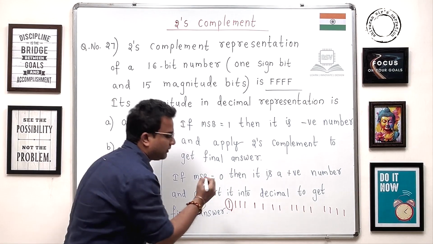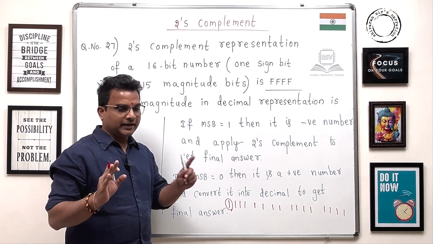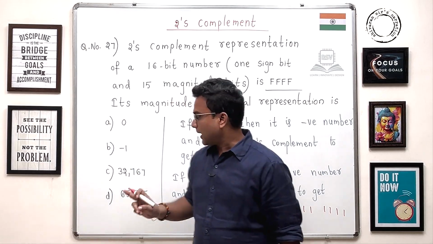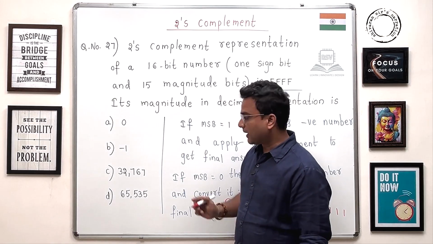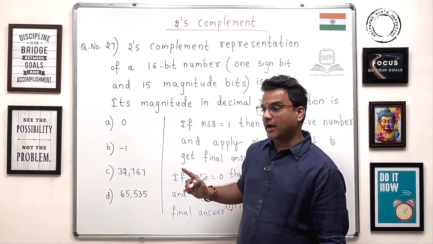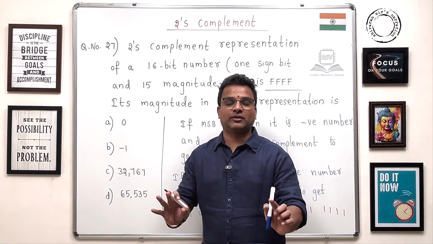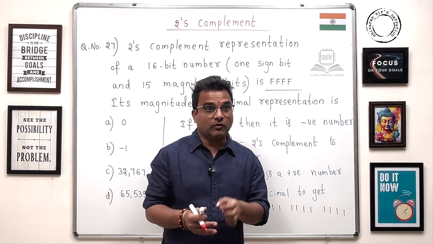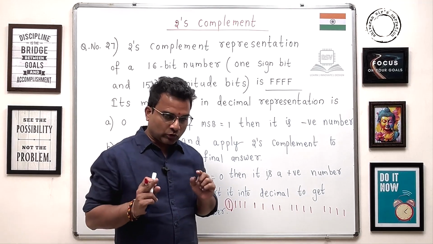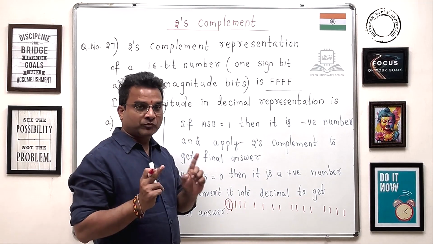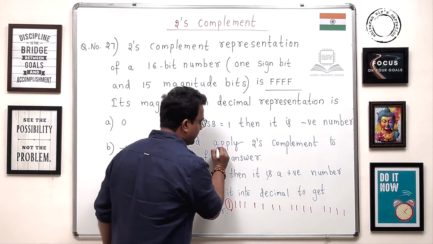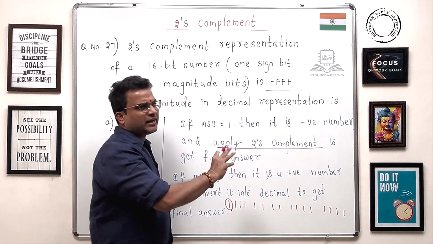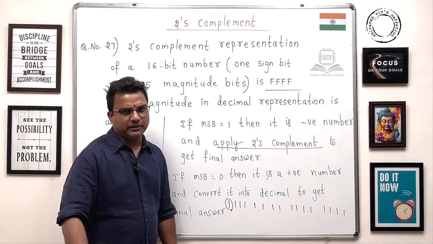MSB is 1, so it is a negative number. Hence, option A is not the right answer. Option C is not the right answer. Option D is also not the right answer. Then you want the decimal number, right? What is that number? To get that number, first apply 2's complement, then convert into decimal.